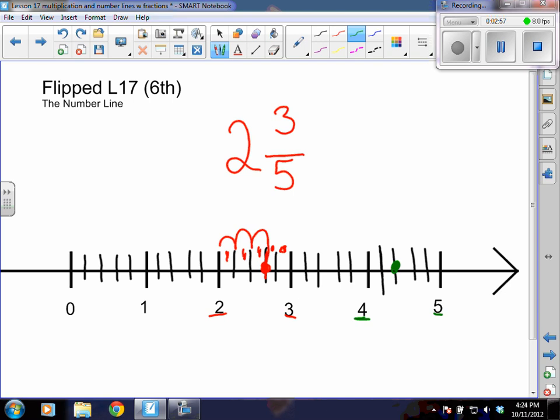Because our increments are the same, we still have 1, 2, 3, 4, 5 spaces within there. As we look at our lines, we start at the 4, and it's 2 to get to our dot here. So we're at 2 out of the 5 covered by our dot, and so our number is 4 2/5.